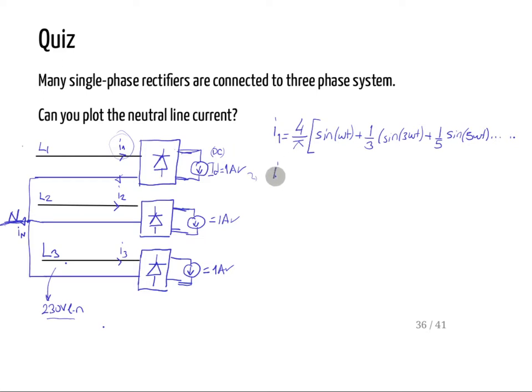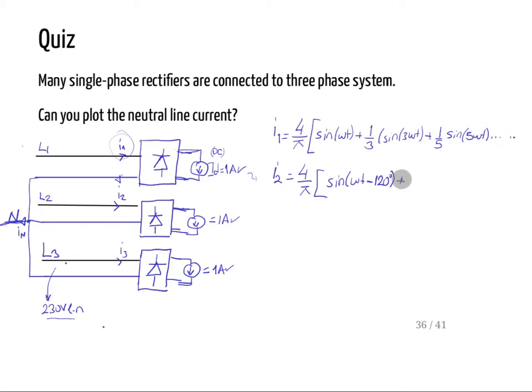Then I will have I2. I2 is the same, 4 over pi times sine omega t minus 120 degrees, or 2 pi over 3.